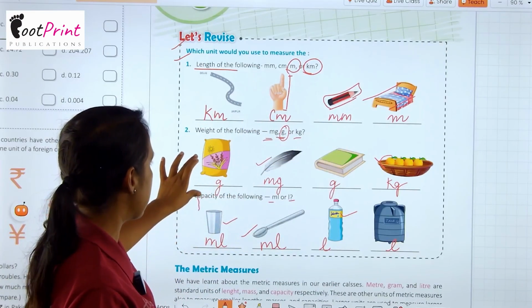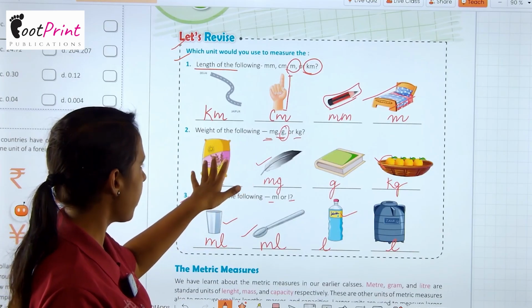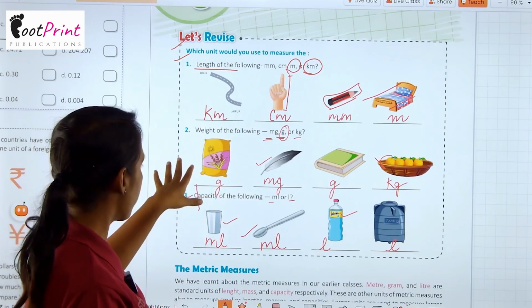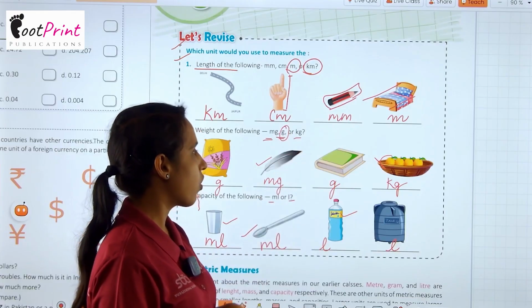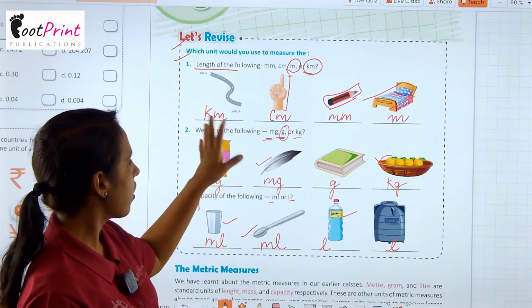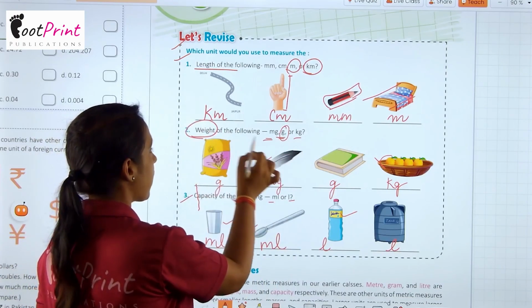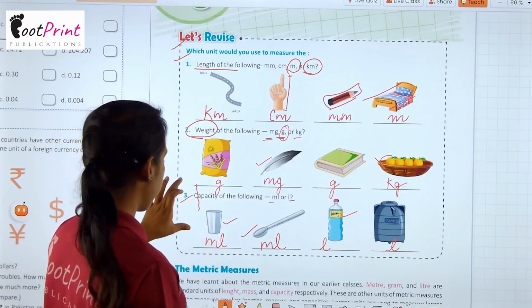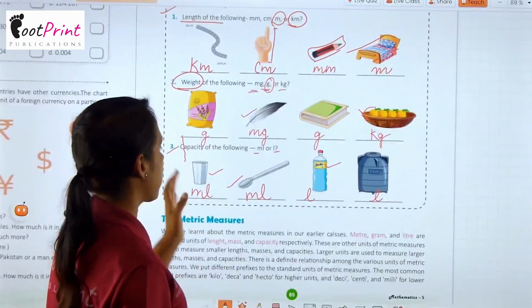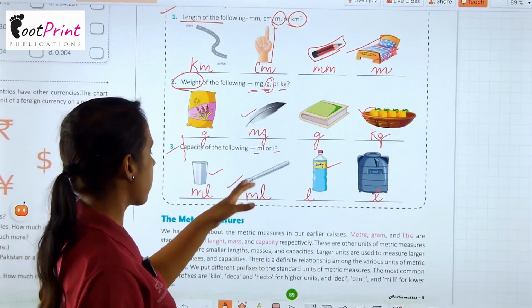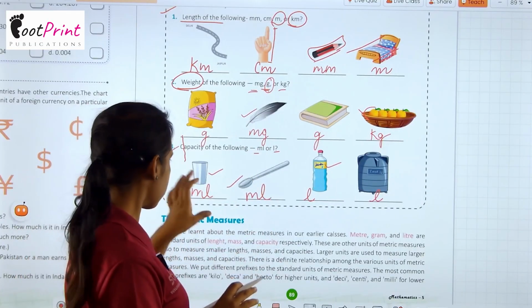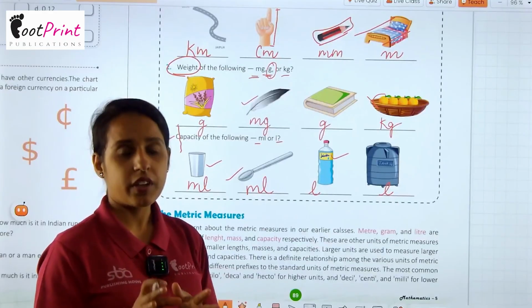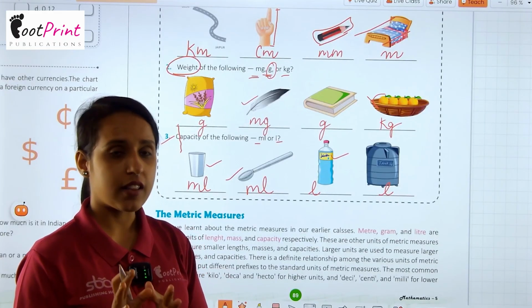For weight, the units are milligram, gram and kilogram, and the standard unit of weight is gram. The next is capacity. We measure capacity in milliliter or liter, and the standard unit of capacity is liter.